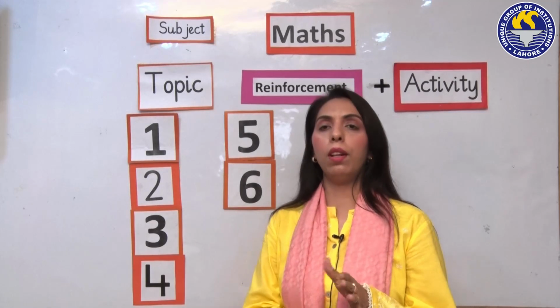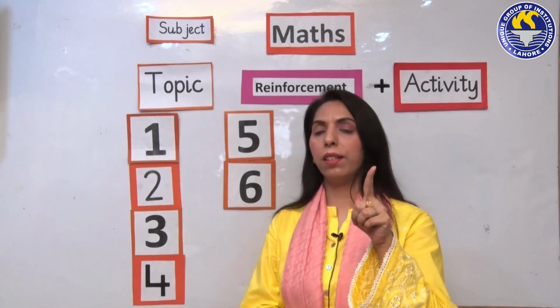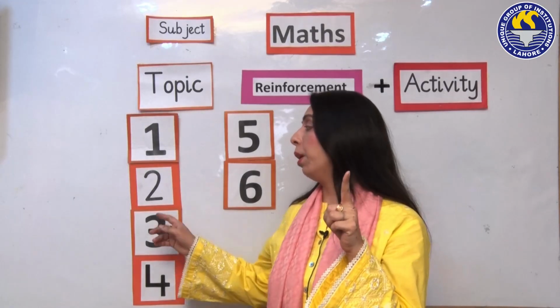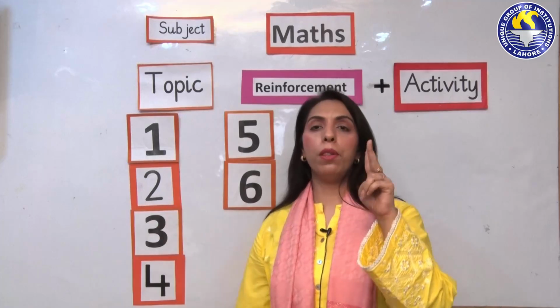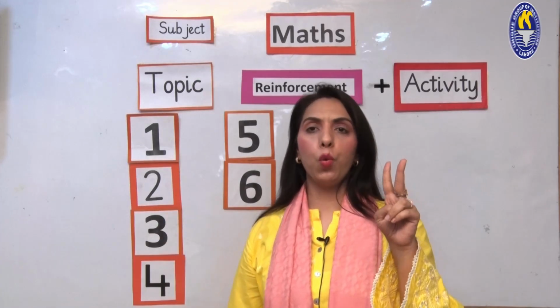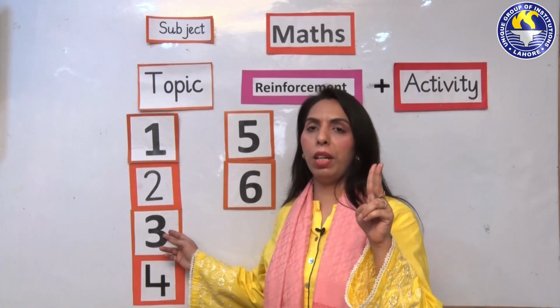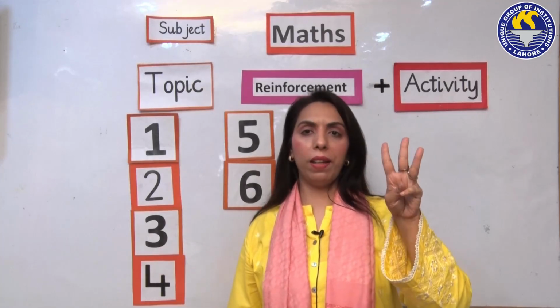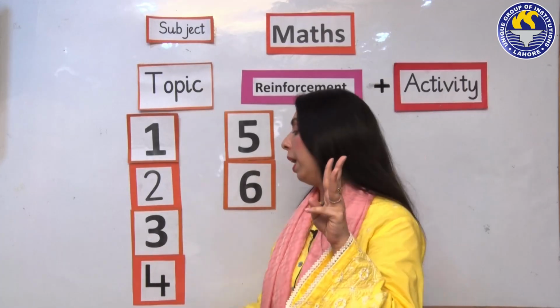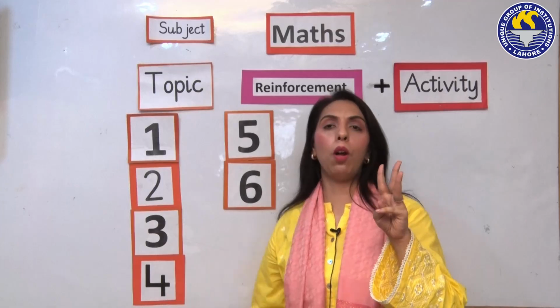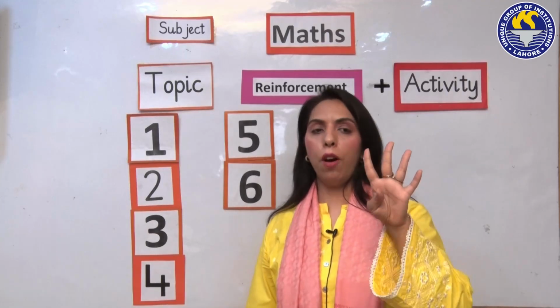Open the fingers. We will open 1 finger when we say 1. When we say 2, we will open 2 fingers. When we say 3, we will open 3 fingers. When we say 4, we will open 4 fingers. When we say 5, we will open 5 fingers.